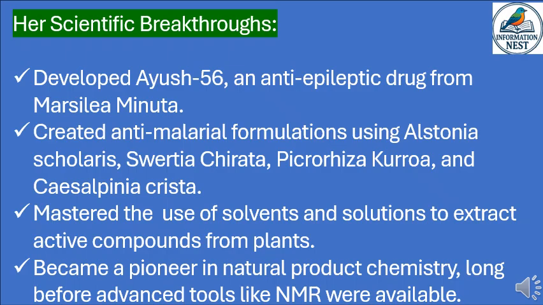She believed that India's ancient remedies could be scientifically validated, and she proved it with every discovery. Her work laid the foundation for natural product chemistry, inspiring generations of scientists to look to nature for answers. She was one of the first women in India to lead a chemistry department and received global recognition for her research.